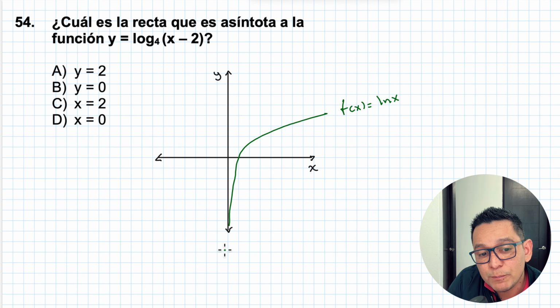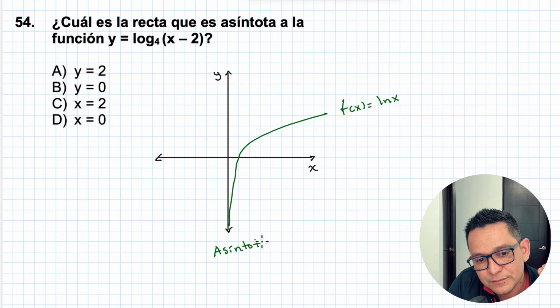In this case, for example, the asymptote, as I just told you, is a number that can't be touched. Let me write it correctly, without any mistakes.